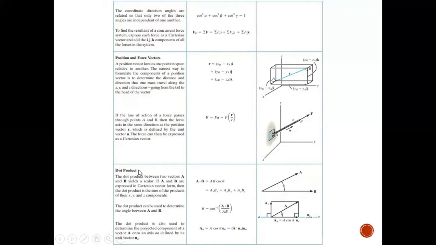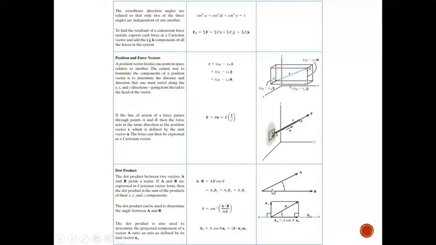We come to the dot product. The dot product between two vectors A and B is a scalar. If A and B are expressed in Cartesian vector form, then the dot product is the sum of the products of their xyz components. The dot product can be used to determine the angle between A and B. So A dot B equals AB cos theta.